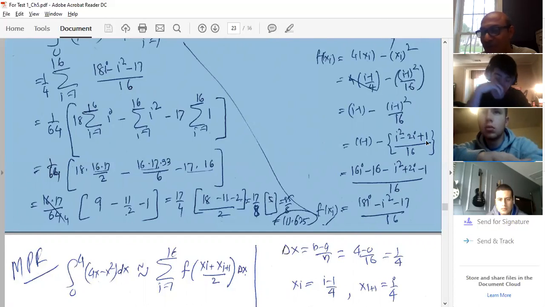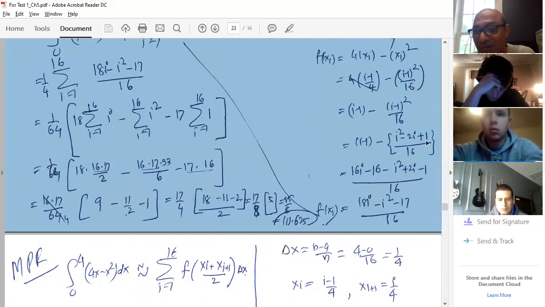Mathematics is a subject of particularity. It will teach you how to be particular in writing each and every step, each and every number, each and every notation. And that will make you particular in your life too, because if you do mathematics for a long period of time, your mind will be habituated to particularity in all your other works too. So don't think that you are just learning this mathematics.